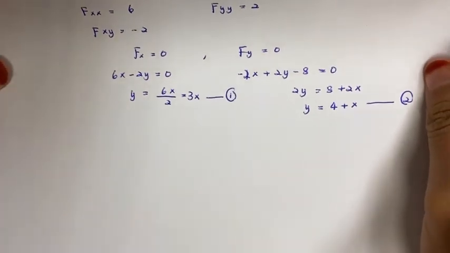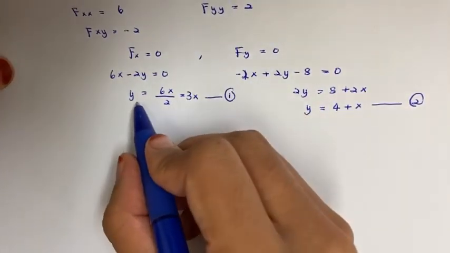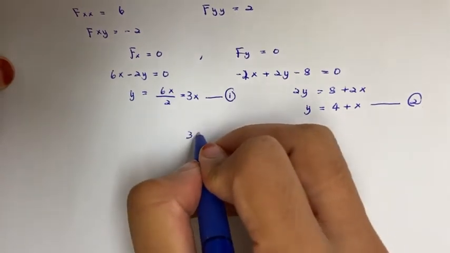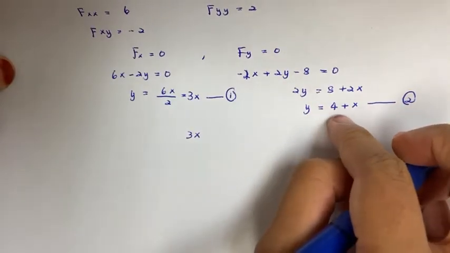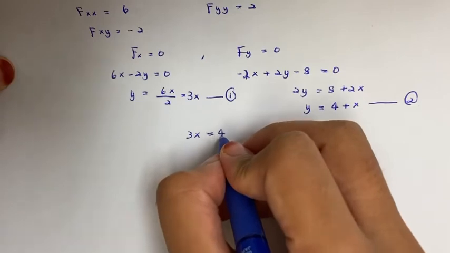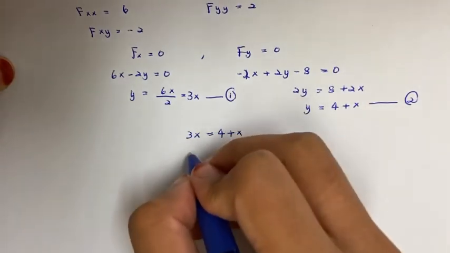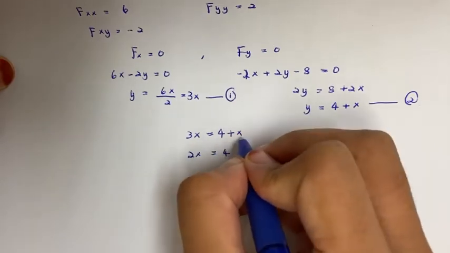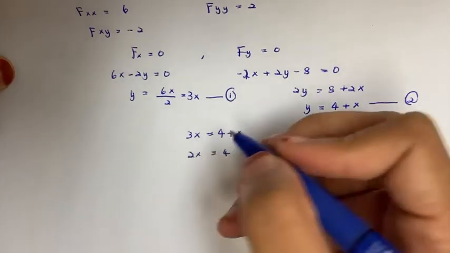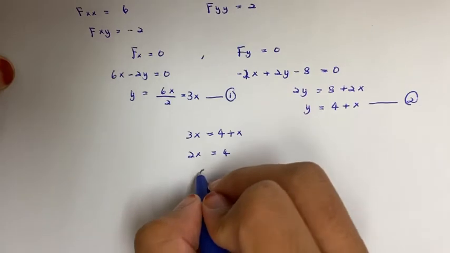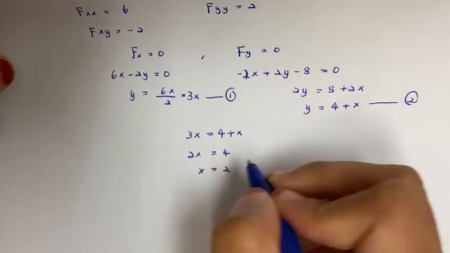Solve them simultaneously: y equal to 3x and y equal to 4 plus x. From here, moving x to the left hand side, you have 2x equal to 4, so x equal to 2.